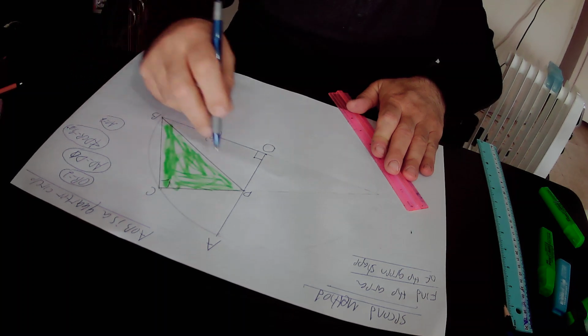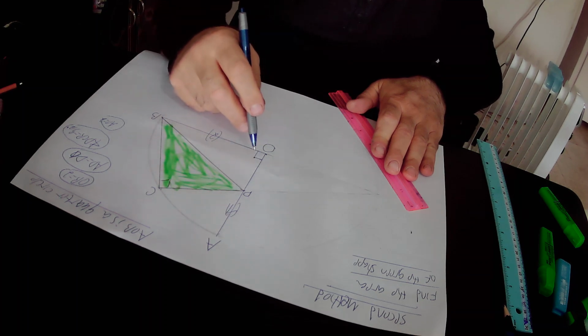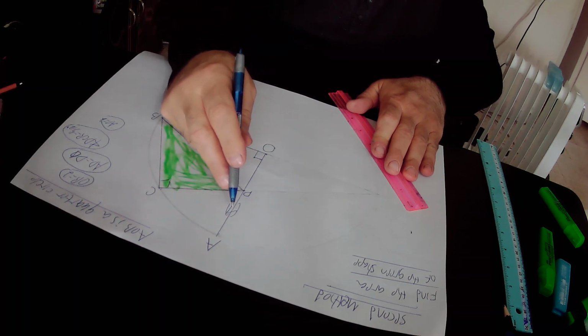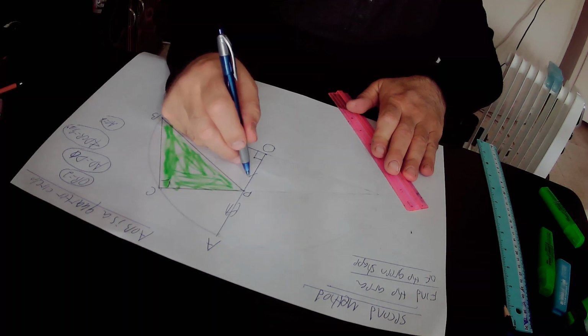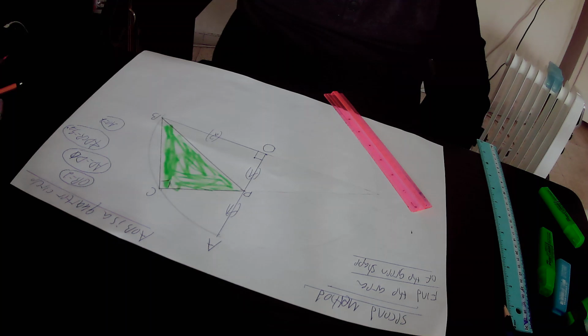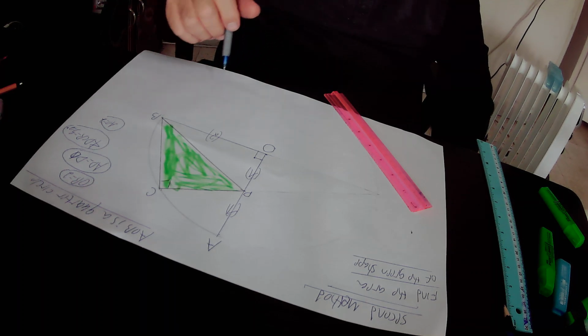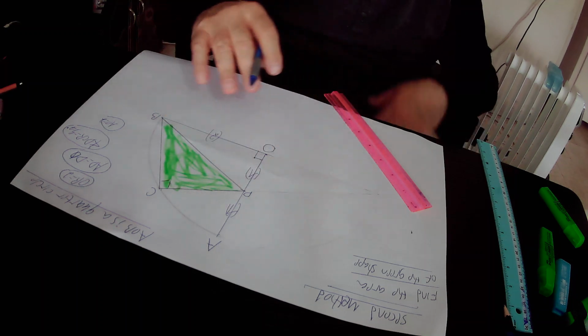We have already found that AD equals 1. We know that AD equals DO. We already found in the first method that AD equals 1 and DO also equals 1. Now we will complete this quarter circle to a circle.